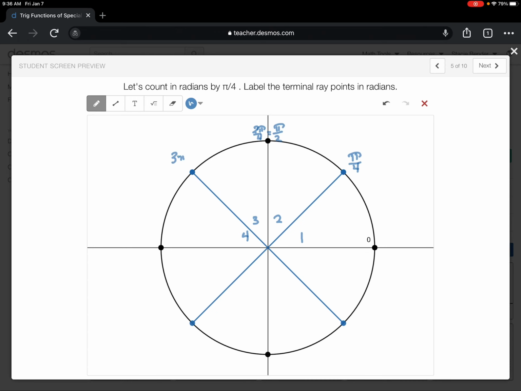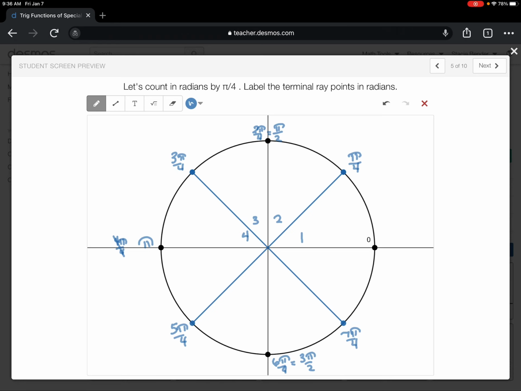This is 3 pi over 4. 4 pi over 4 is the same thing as pi. 5 pi over 4. 6 pi over 4. 7 pi over 4. And 8 pi over 4 is once again 2 pi.